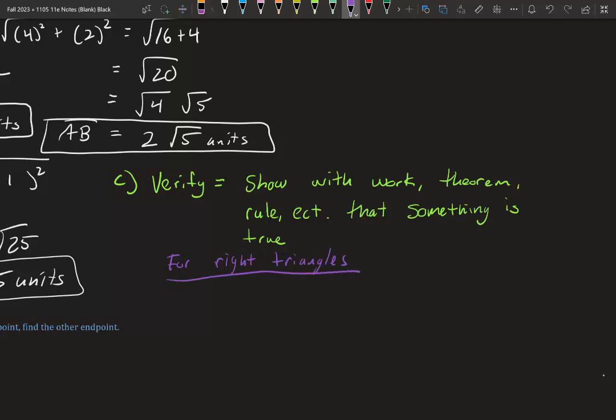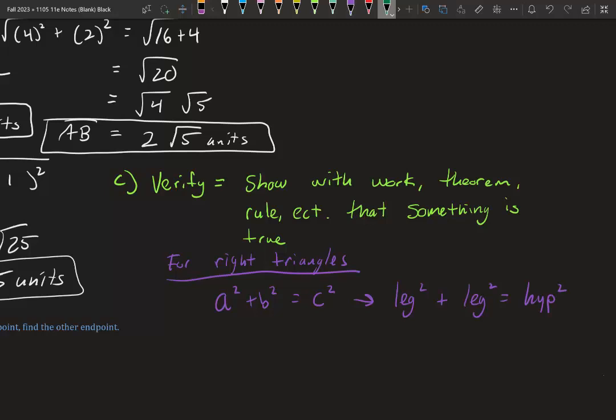We know for right triangles that the Pythagorean theorem can be used to prove it, which is a squared plus b squared equals c squared. However, what does a, b, c actually mean? Well, a stands for a leg, b stands for a leg, and c stands for the hypotenuse.